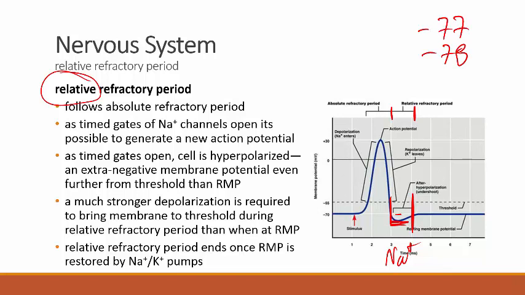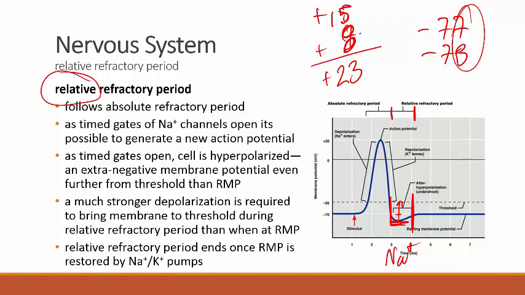So in order to get this membrane up to threshold, you don't just have to give it plus 15 depolarization, but you have to give it the additional 7 or 8. Well, let's just put in 8 millivolts here. So it requires a total of 23 millivolt depolarization in order to stimulate a new action potential here.